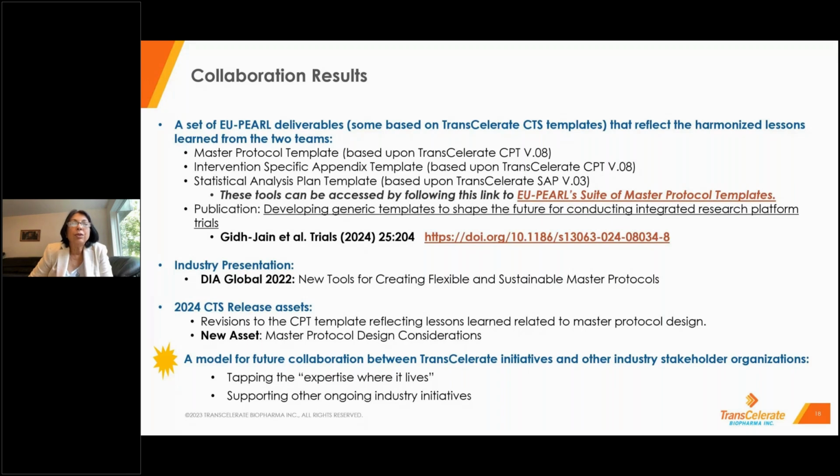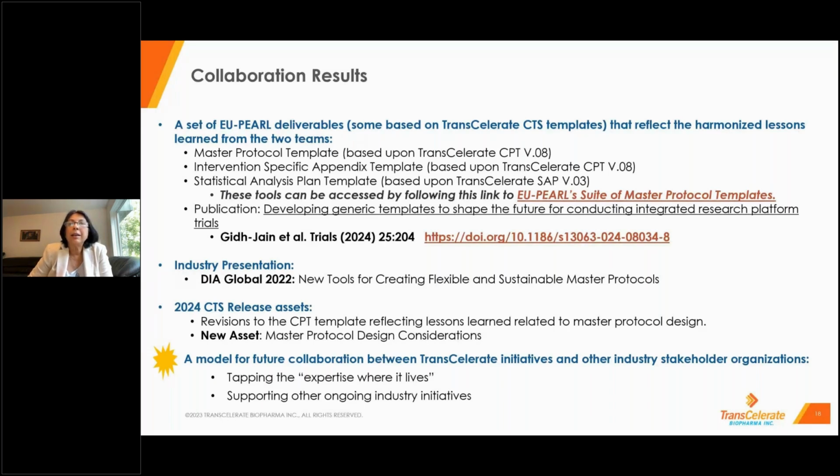This effort also, as I mentioned, since the EU-PEARL website is only there for 5 years, we have now a publication where all these templates are available, and you can go to this publication and find the templates in the appendices. We also have provided a link to the EU-PEARL site where you can go and explore and also look at the templates that have been created.